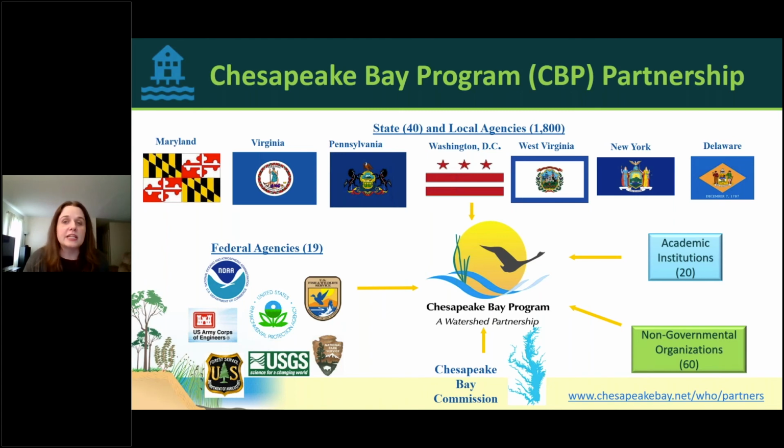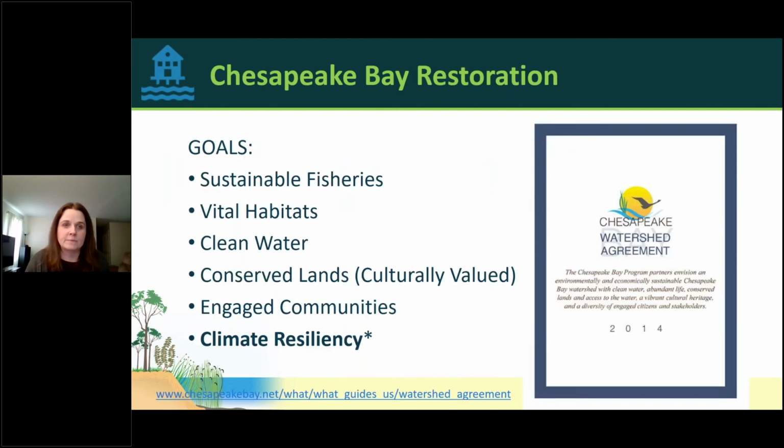Essentially, we all have come together, and we are using the Chesapeake Watershed Agreement to guide our restoration efforts for the Chesapeake Bay. The agreement has some large goals, and the key goals that we're trying to achieve are centered around sustainable fisheries, vital habitats, clean water, conserved lands, so those culturally valued lands, engaged communities, so citizen stewardship, and climate resiliency.